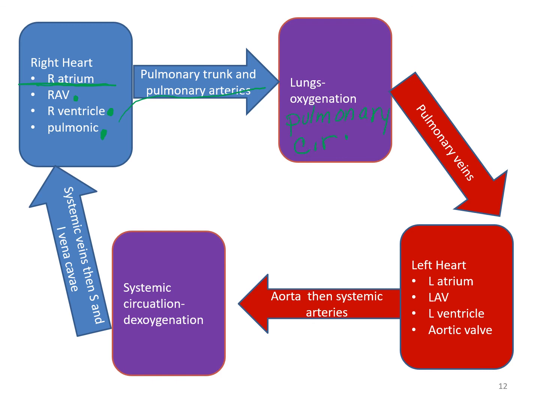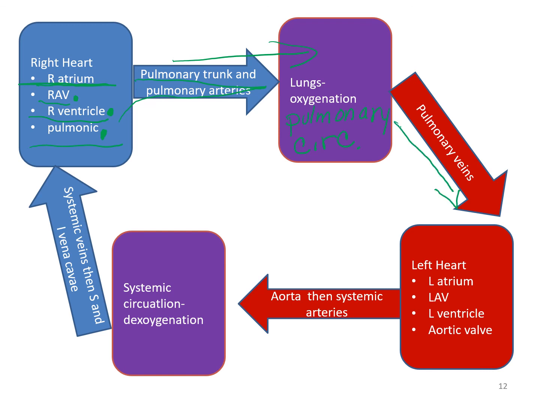What I have done with this picture is my blue areas are where deoxygenated blood is. Purple areas is where it changes. So in the lungs, this deoxygenated blood goes in, picks up oxygen, comes out oxygenated. So right atrium, right AV, right ventricle, pulmonic valve, the pulmonary trunk and arteries, through the lungs, out of the lungs via the pulmonary veins.